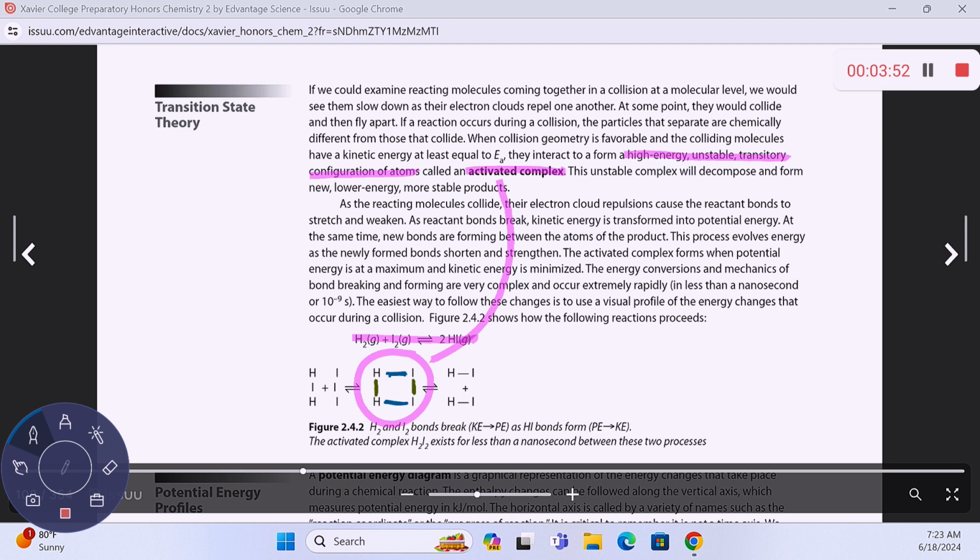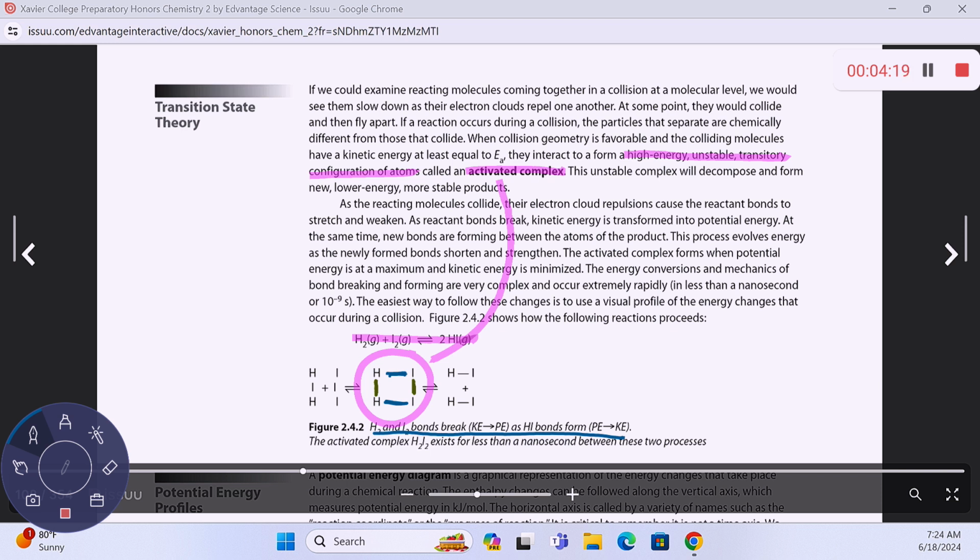Okay, so this complex lasts just for an instant, okay? And it's really unstable, and it decomposes immediately into the products, which are considered to be more stable, and the products would have less energy. So when the bonds are breaking, we're converting kinetic energy into potential energy, and then as the bonds are forming, we are converting potential energy into kinetic energy, okay?